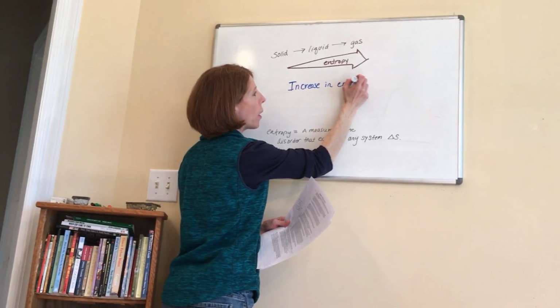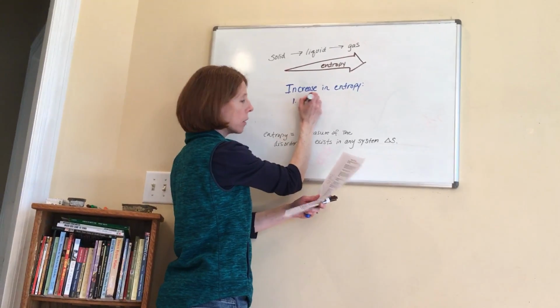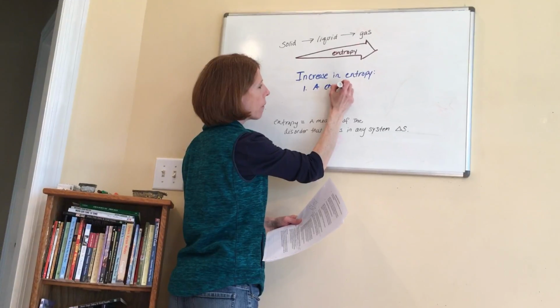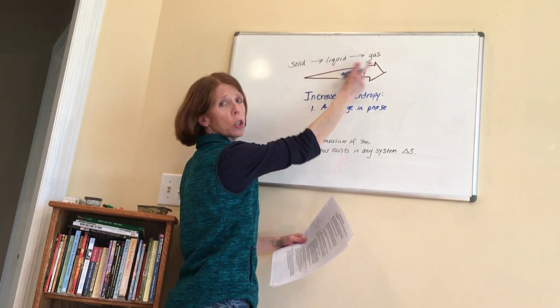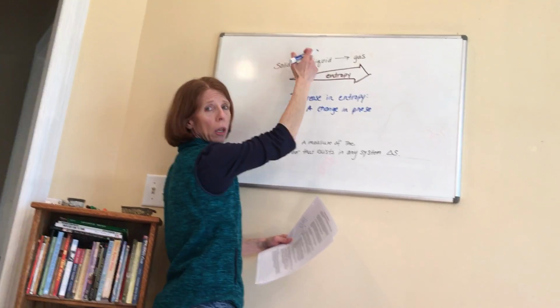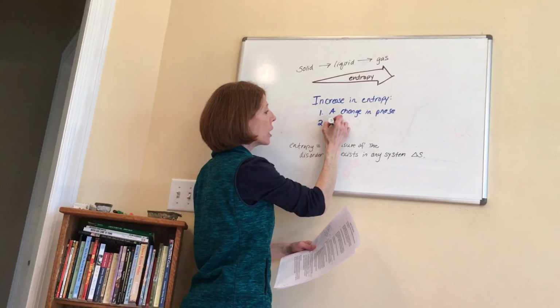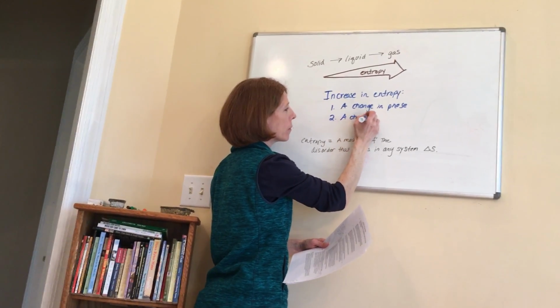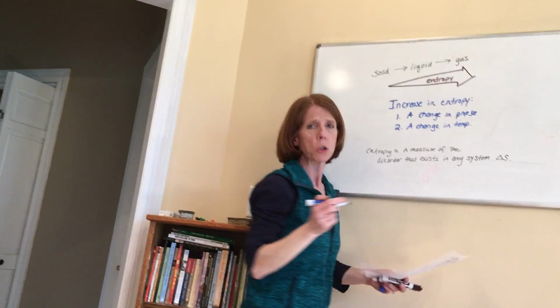An increase in entropy will happen if we have a change in phase in this order: a change in phase going from solid to liquid or liquid to gas, or even solid to gas, or a change in temperature. Okay, and hopefully the change in temperature also makes sense.